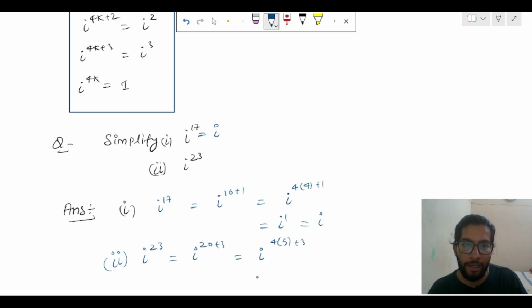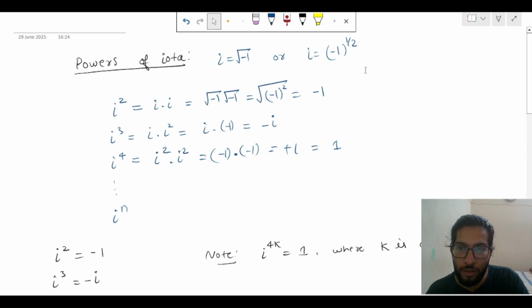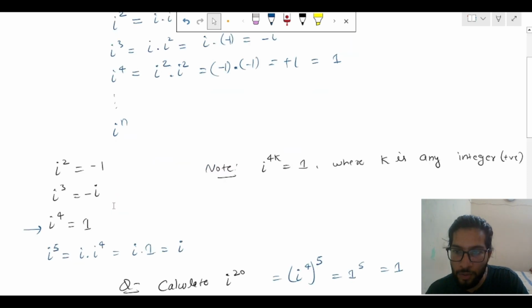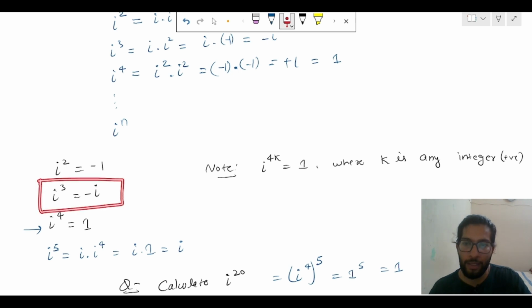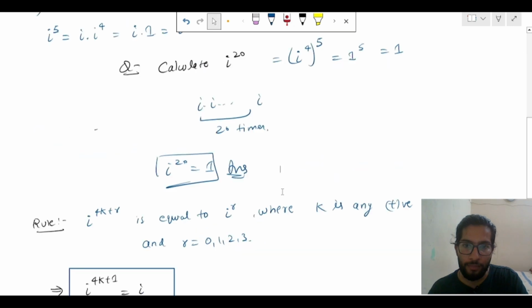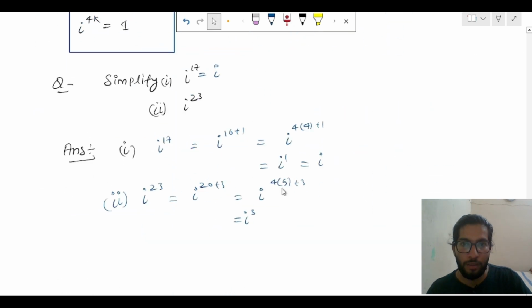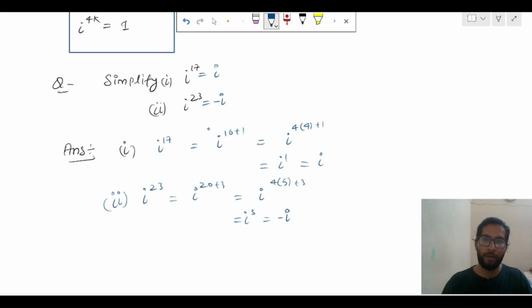We can directly write it is equal to iota cube. And what is iota cube? We have done before. So iota cube is equal to minus of iota. It is given there, you can check. Iota cube is equal to minus of iota. So for the second one, our answer is minus of iota, and first one is iota.